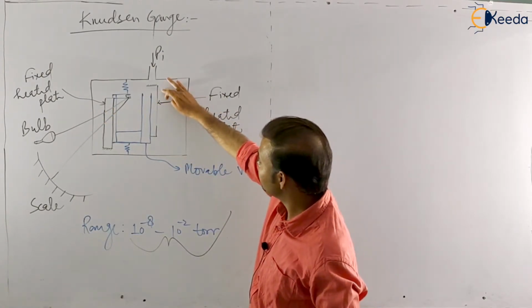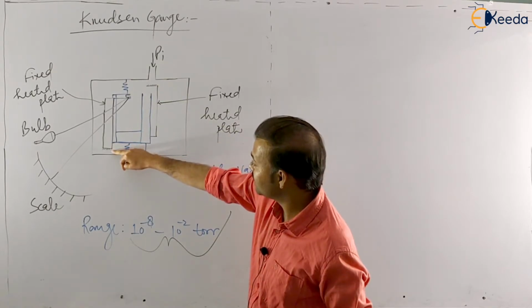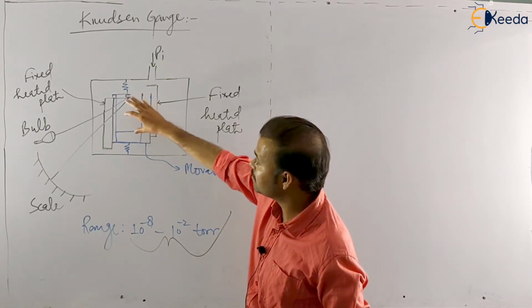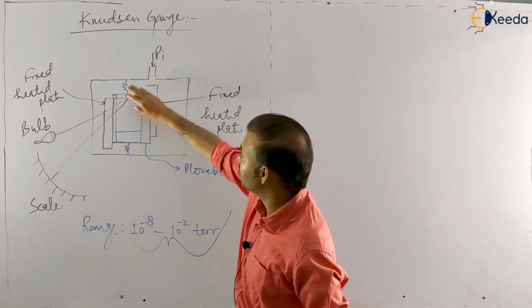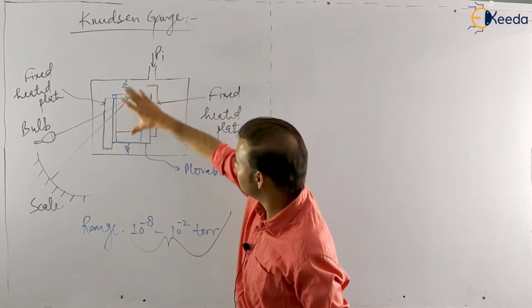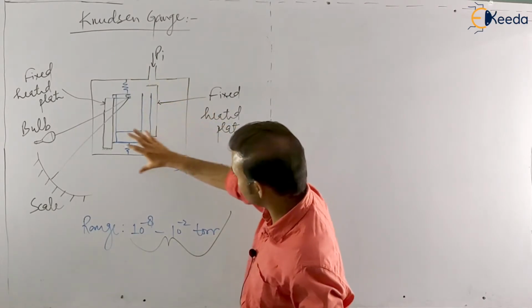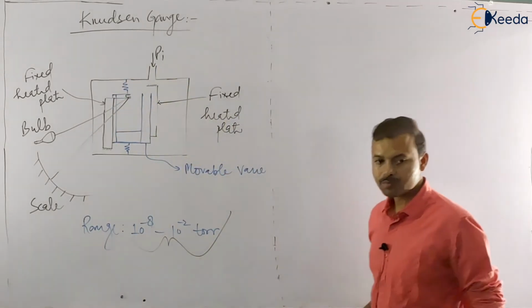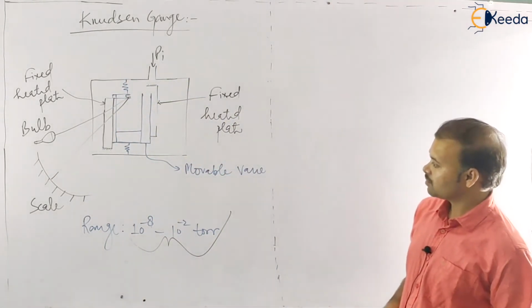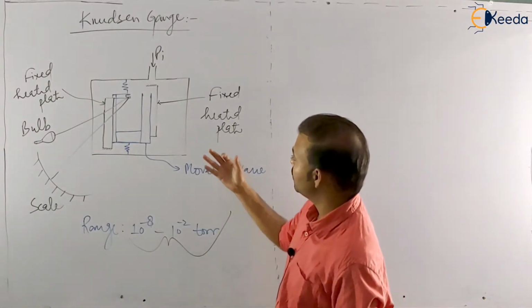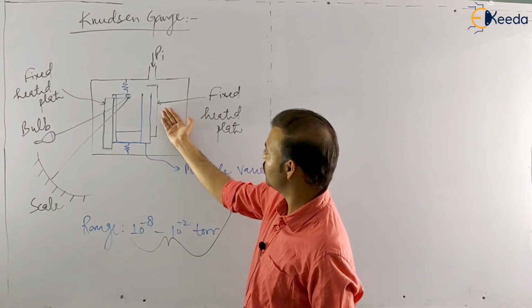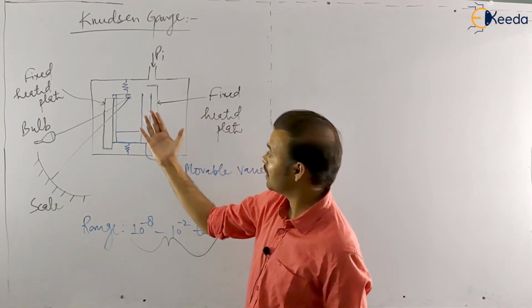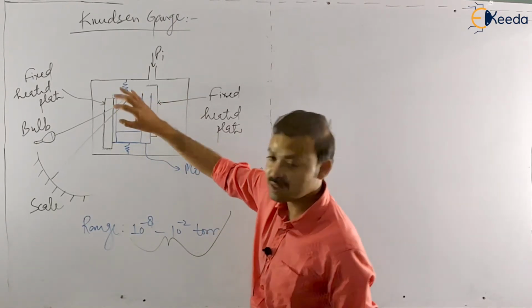This plate is fixed, and this plate is fixed, and a plate in between is movable, and it is connected with two springs from this structure. These two plates are fixed. This is the lowest plate, this is the upper plate, and this plate is in between.